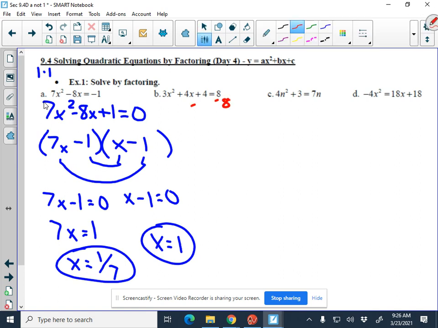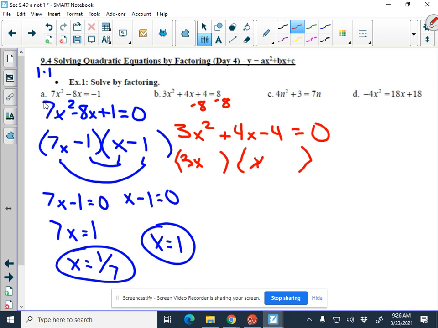I'm going to subtract 8 from each side. We get 3x squared plus 4x minus 4 equals 0. The whole goal, like yesterday, get one side to be 0, then you can factor it. x and x.